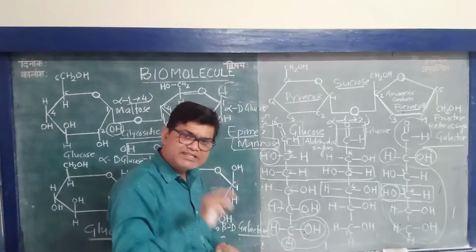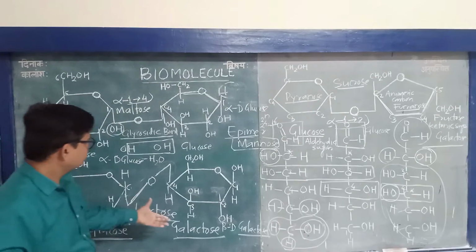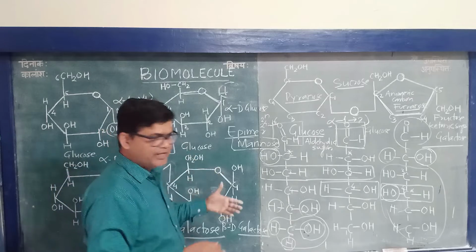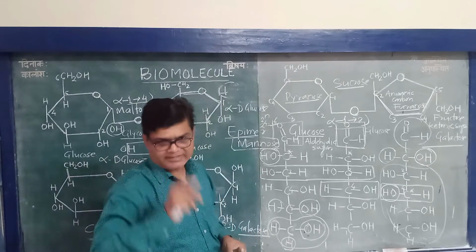And monosaccharide means a single unit, like glucose, galactose, ribose, arabinose, fructose. So these are monosaccharides.